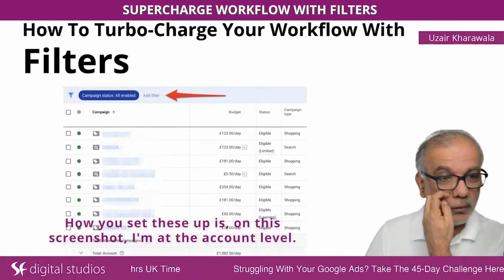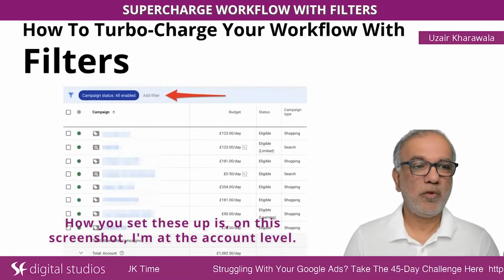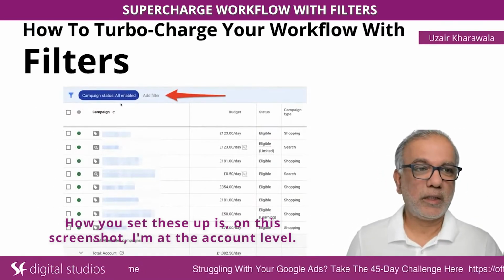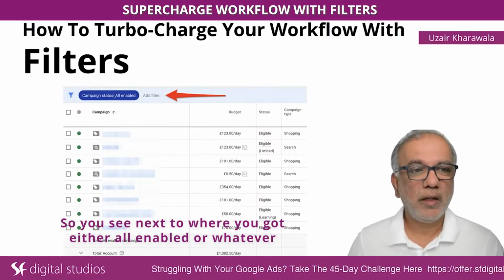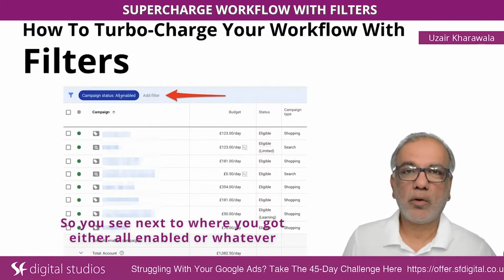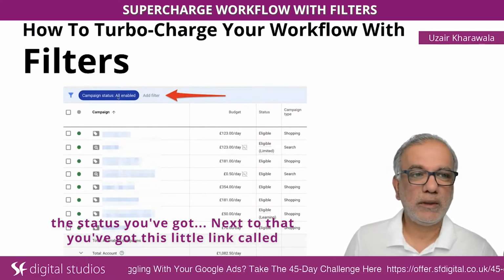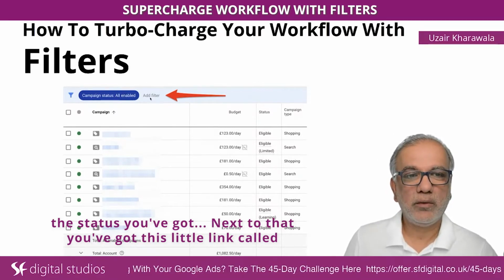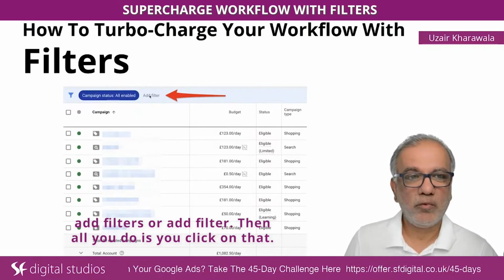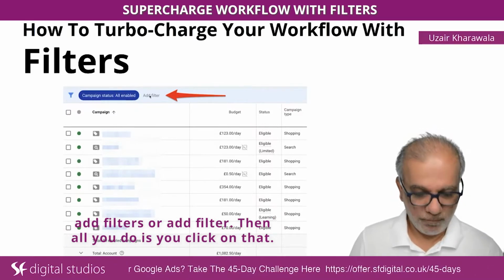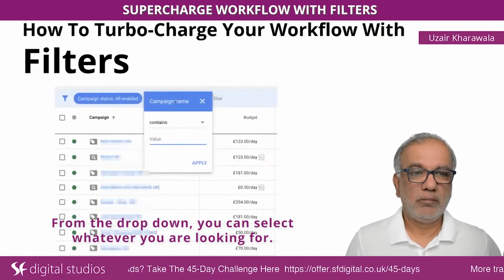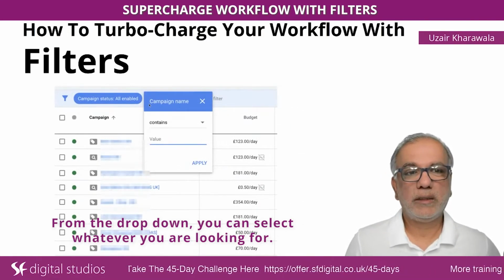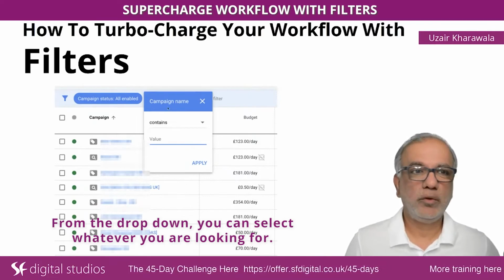So how you set these up is, on this screenshot, I'm at the account level. So you'll see next to where you've got either all enabled or whatever the status you've got, next to that, you get this little link called Add Filters or Add Filter. Then all you do is you click on that. From the drop down, you can select whatever you are looking for.